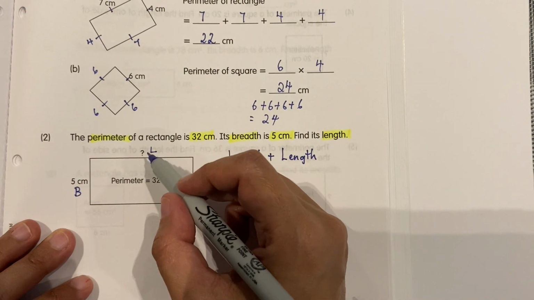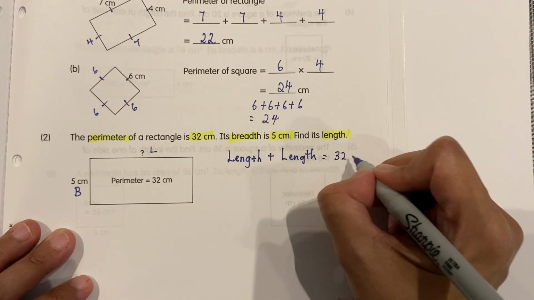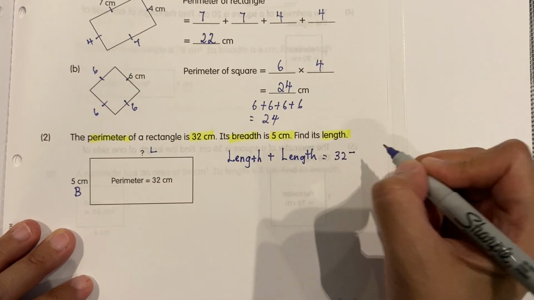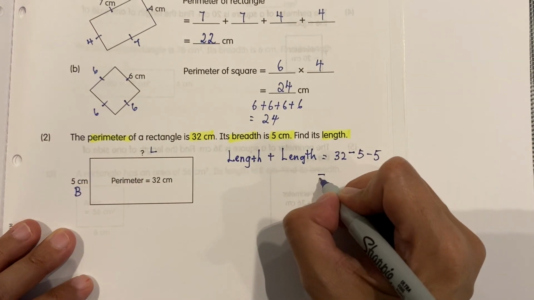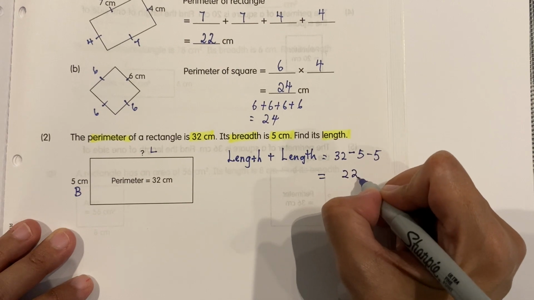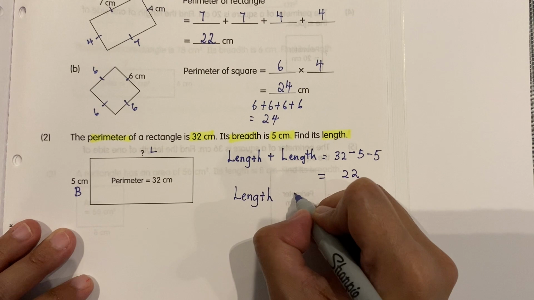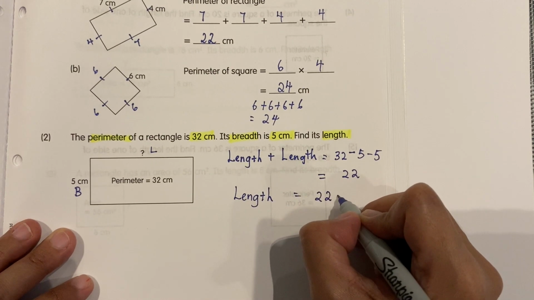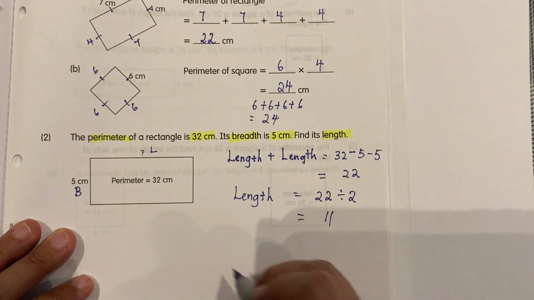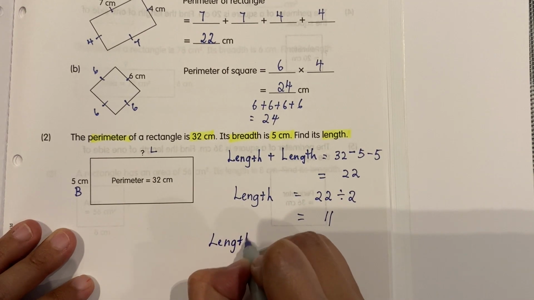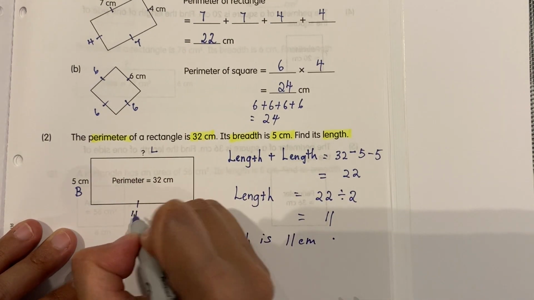You need to find the length plus the length, so that is your perimeter, 32, minus your breadth, minus breadth, so you get 22. But you only want to find one length, so 22 divided by 2, that's 11. So the length is 11 cm.